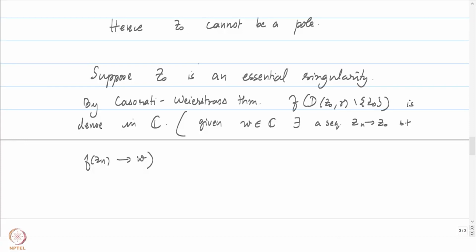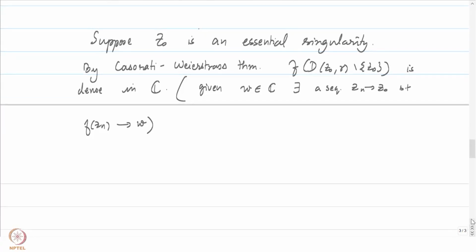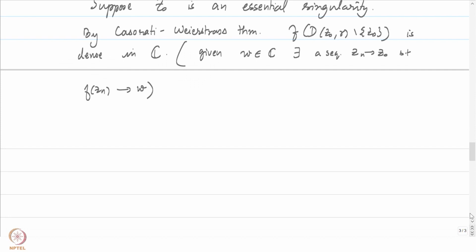The exact equivalent statement would be: for any epsilon positive, where epsilon is less than r, f of D(z0, epsilon) minus {z0} is dense in C. That will be the equivalent of whatever is written inside the bracket here. But anyway, we have in D(z0, r) minus {z0} a sequence which converges to W, where W is again going to be picked as above.